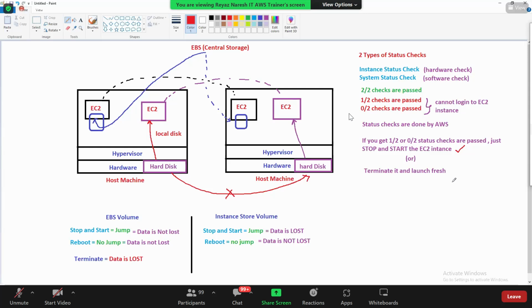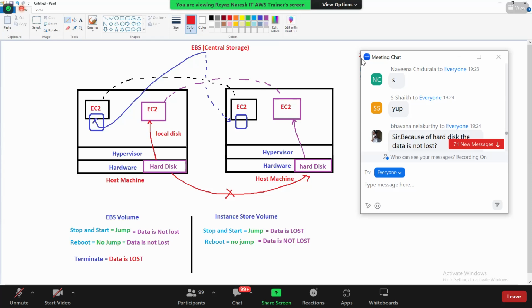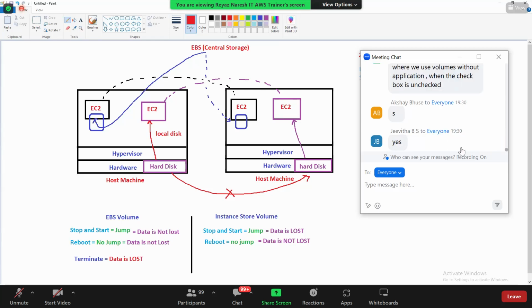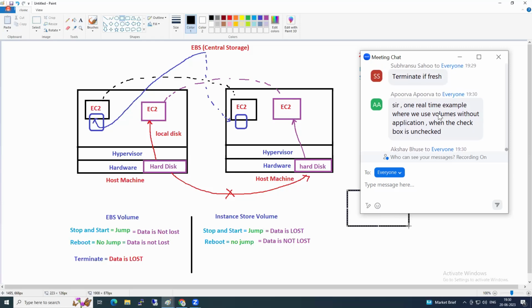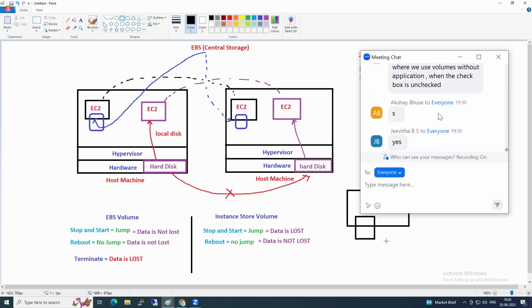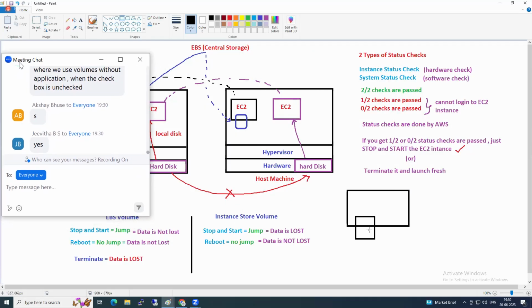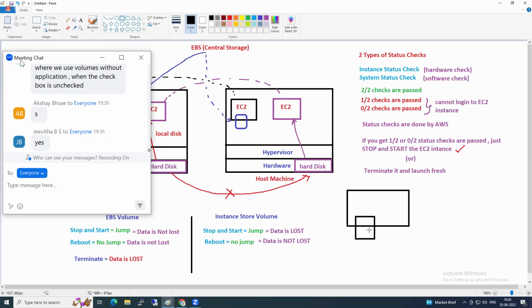One real example where we use volumes is when the checkbox is checked. See, you have one EC2 instance, you have one root volume. If you terminate the EC2 instance, your root volume is deleted by default.